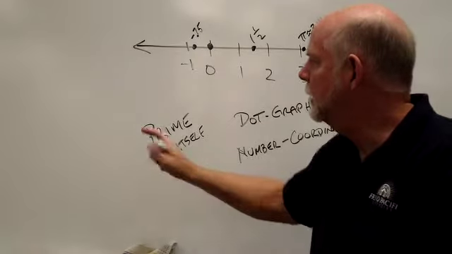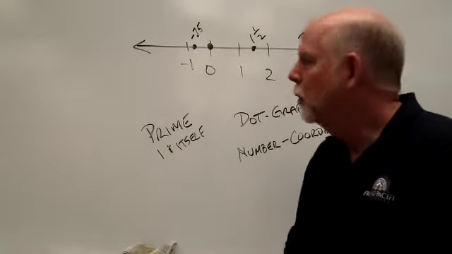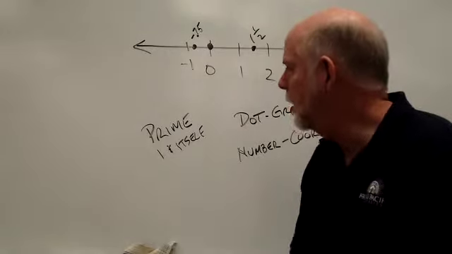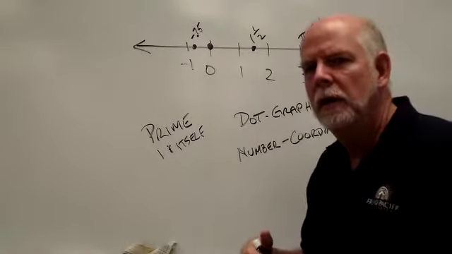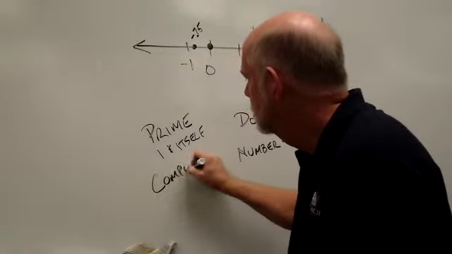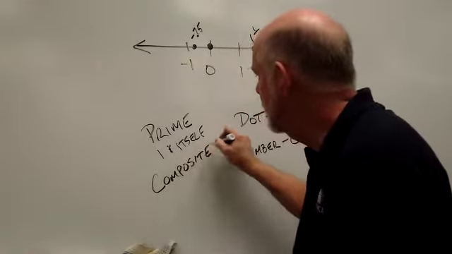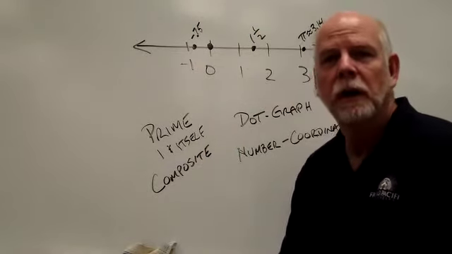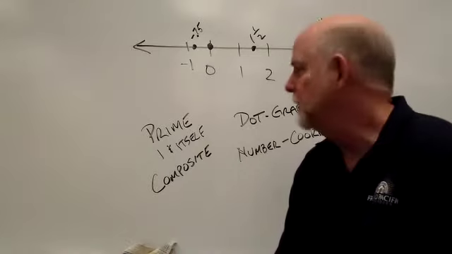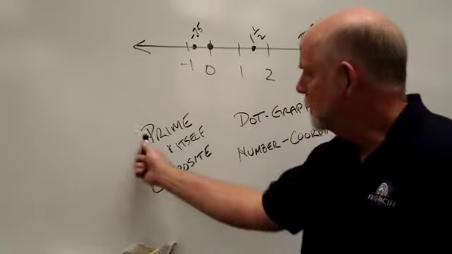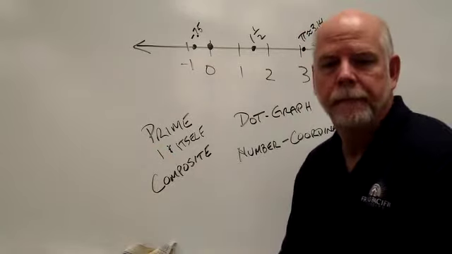So prime numbers are any number larger than 1 with divisors only of 1 and itself. Now, kind of the opposite of a prime is called a composite number. And the CSET may use that term, asking you for a composite number. A composite number is one that's not prime. A composite number has other divisors besides 1 and itself. So these are kind of opposites of each other.